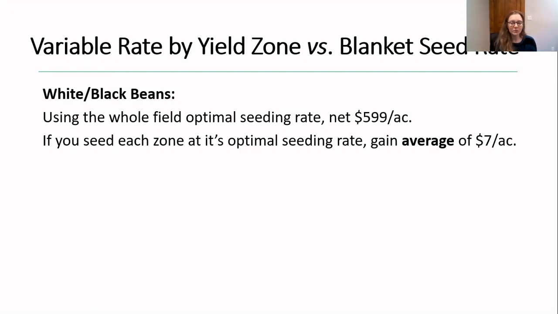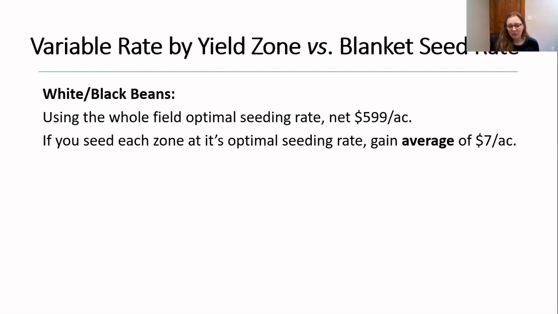Now, this does assume that the A zone represents 1/3 of the field, the B 1/3, and the C 1/3. And that's kind of the easiest way to analyze the data. Of course, it's not a reality in a field necessarily. Hopefully you have smaller parts of your field that are low yielding, and that would change how this shakes out, but it's hard to go through all those different scenarios and assess them.